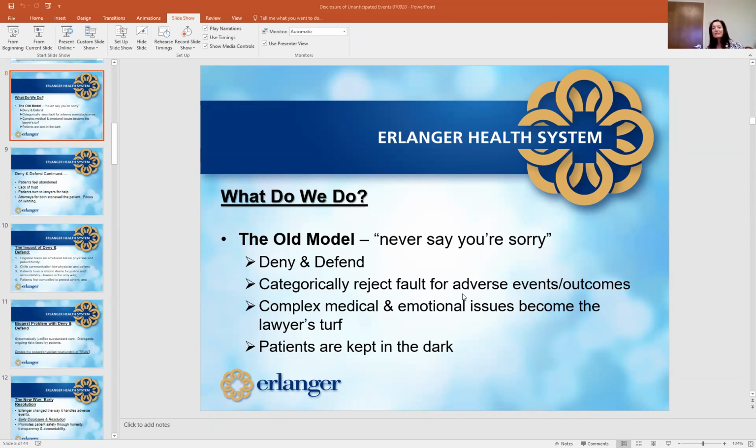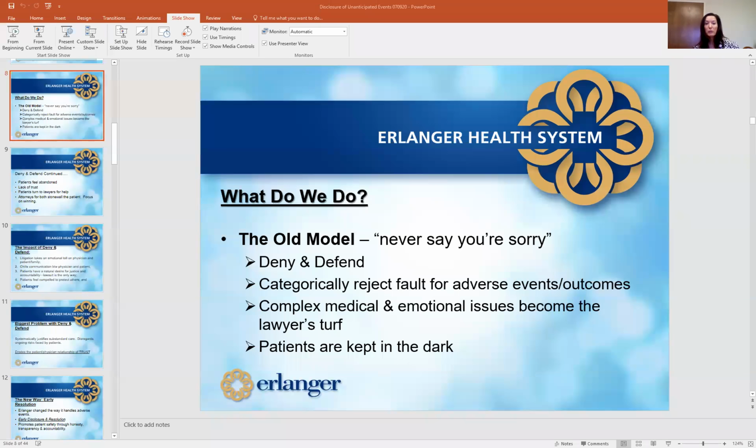So now, fast forwarding to the University of Michigan model. What we were seeing happen, which led to the University of Michigan changing the way they did things and creating a paradigm for the rest of us in the industry, was that not only were physician-patient relationships broken, trust was eroded.